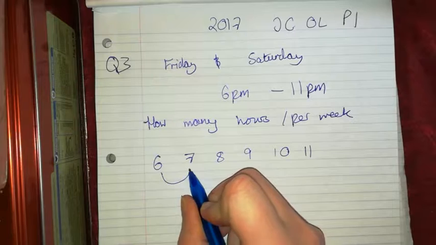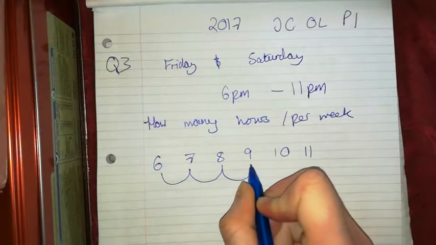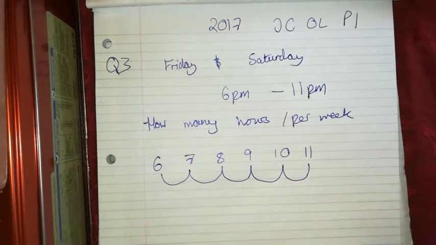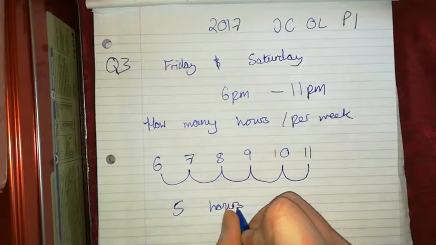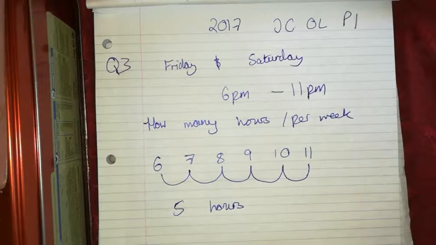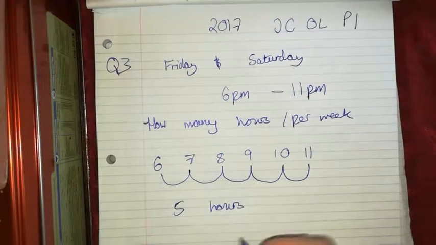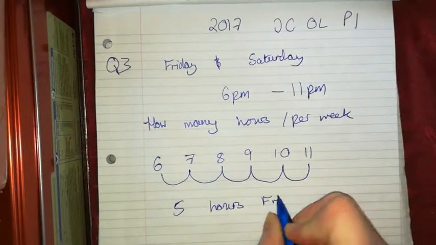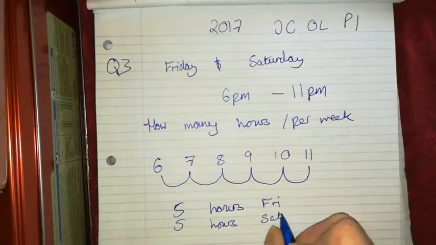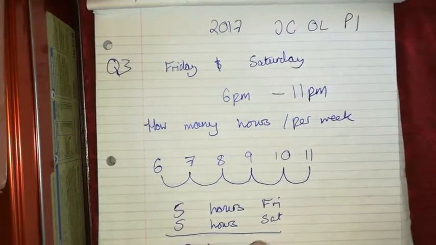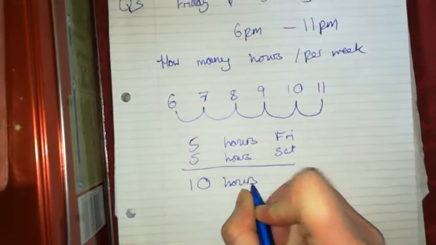So 6 to 7 is 1 hour, 2, 3, 4, 5. So he works 5 hours, or I could do 11 take 6. So he works 5 hours on Friday and Saturday. But how many hours does he work every week? Well, if he works 5 hours Friday and 5 hours on Saturday, altogether he's going to work 10 hours.